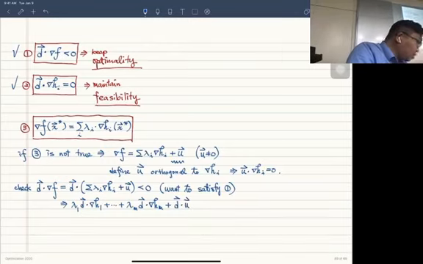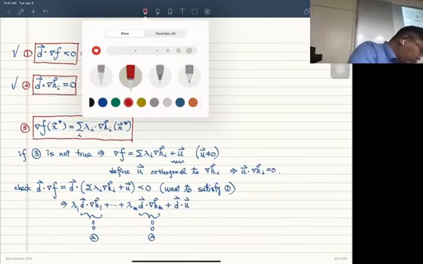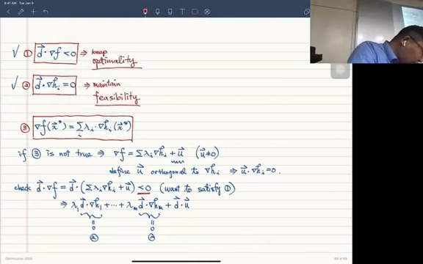In this case, all these are zero because of rule number two. And from here, we said this whole thing is smaller than zero, so we found d dot u is smaller than zero.